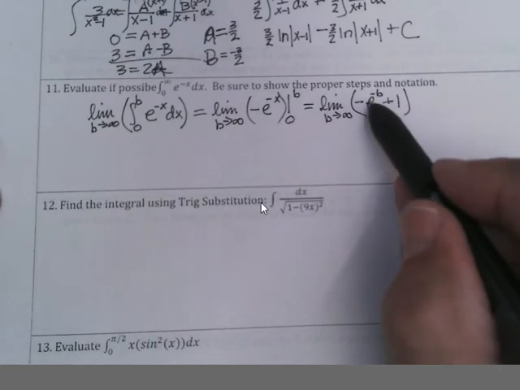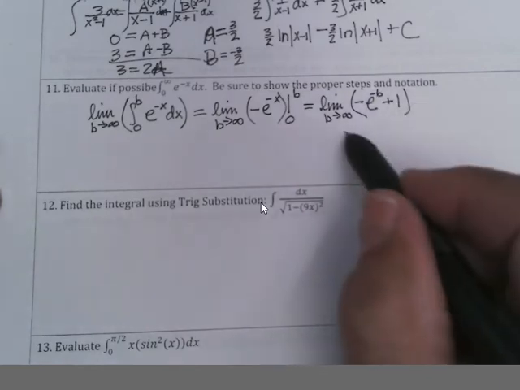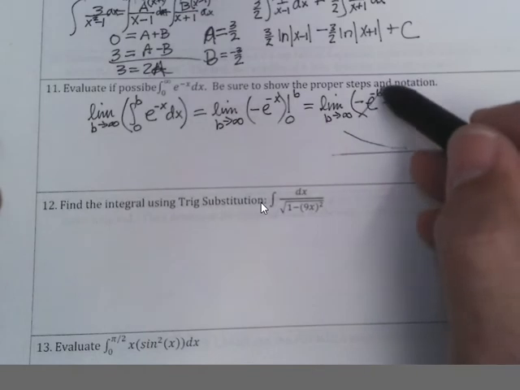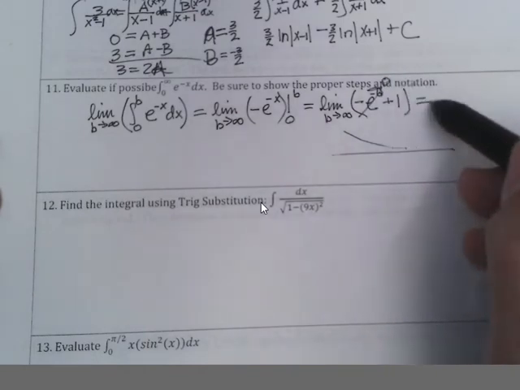And e to the negative b is something that gets closer and closer to 0. If b goes to infinity, this goes to 0, and we get 1.